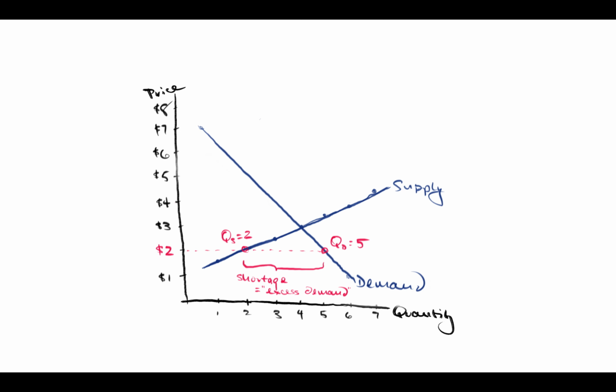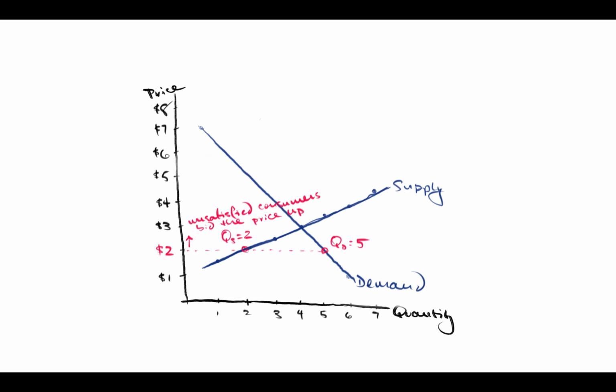There's not enough of the good to satisfy everyone's desires. If I want to be more technical, I would call it excess demand. There's more demand for the good than the quantity supplied. Okay, so again, this low price of $2 results in a shortage.